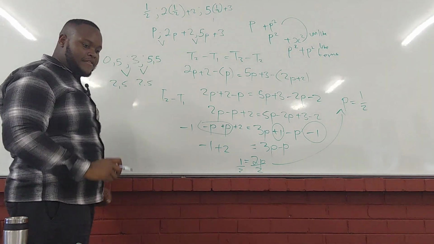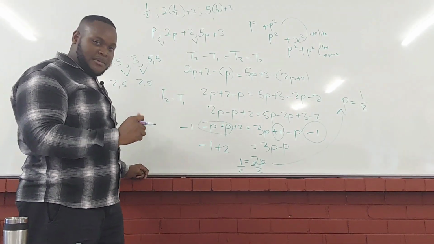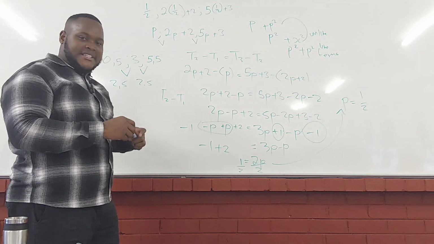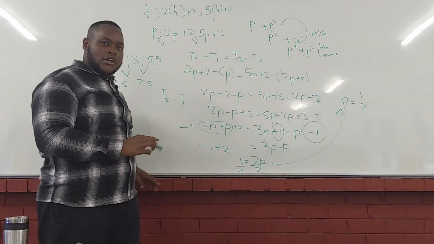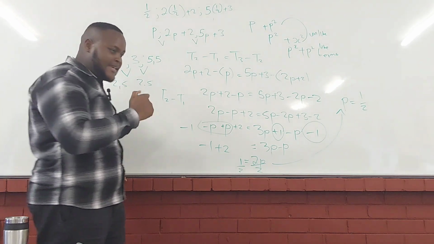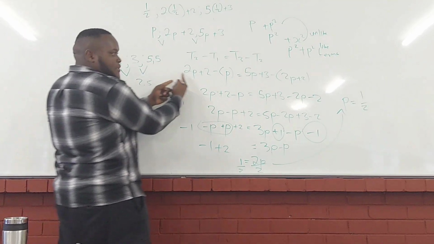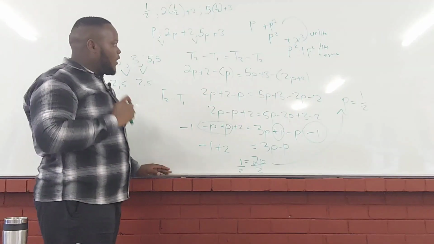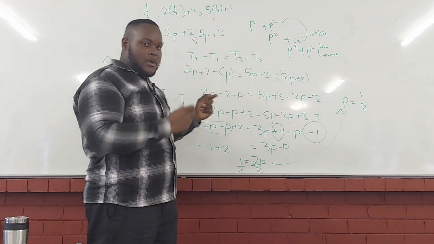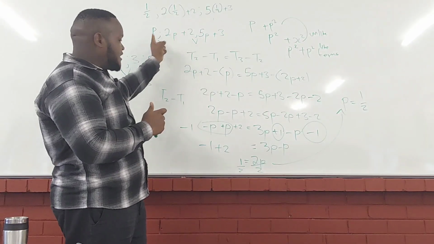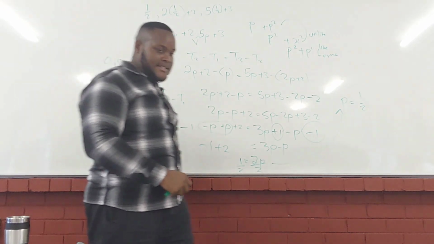Therefore, this also confirms that whatever we were dealing with here is an arithmetic sequence. Because I know that in an arithmetic sequence, the first difference is common or constant. So the first number that you find as the difference here is going to be the same throughout. That is why we say T2 minus T1 is equal to T3 minus T2. Because the difference between two consecutive terms is always going to be the same in an arithmetic sequence.